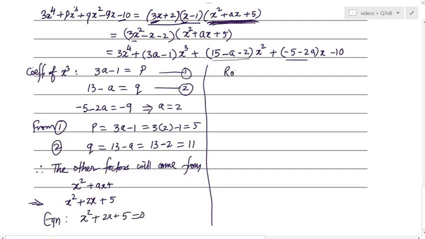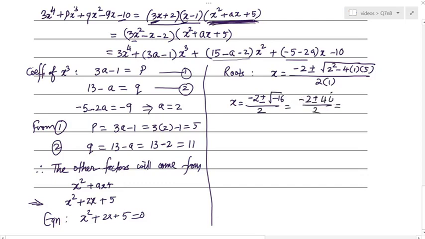The roots, x is equal to minus b plus minus square root of b squared minus 4ac, divided by 2a, and that gives us minus 2 plus minus square root of minus 16 divided by 2, minus 2 plus minus 4 iota divided by 2, which gives you minus 1 plus minus 2 iota.